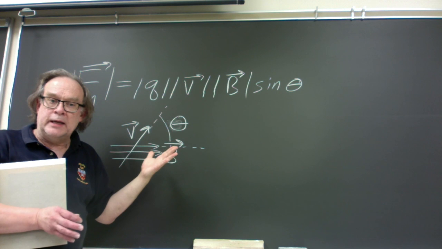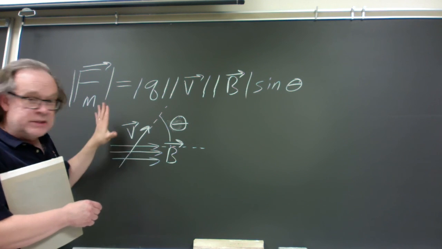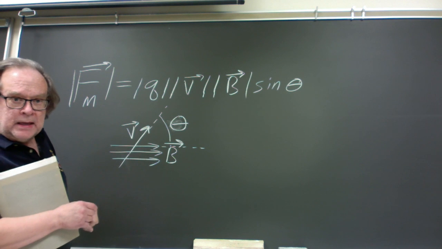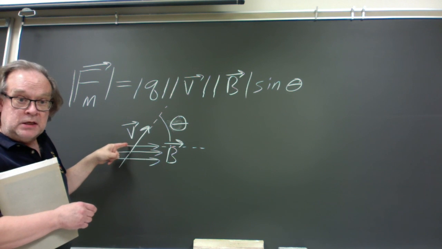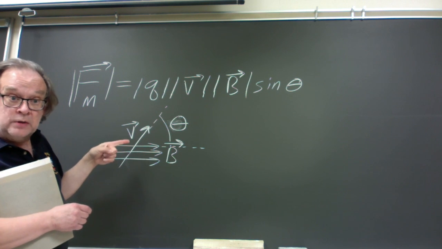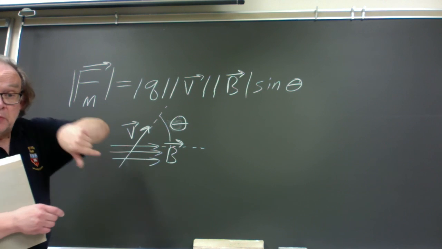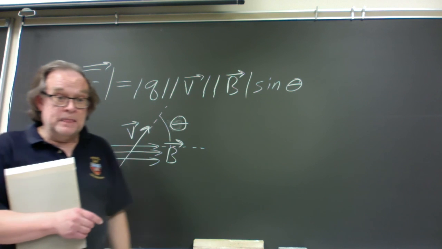You can define a plane by just two lines. And so in this case, that's the plane of the blackboard. And then in this case, the magnetic force on a charged particle will be perpendicular to this, either pointing out of the blackboard or pointing into the blackboard.